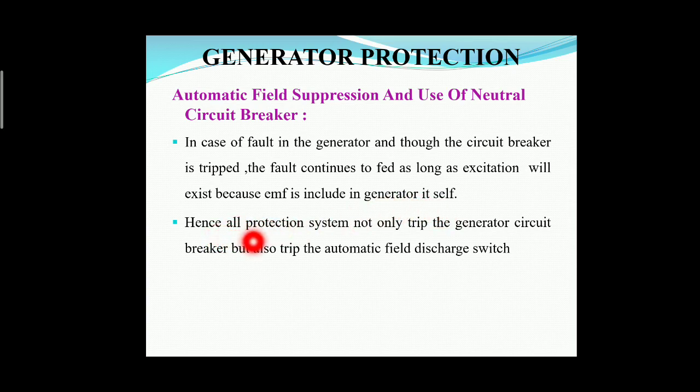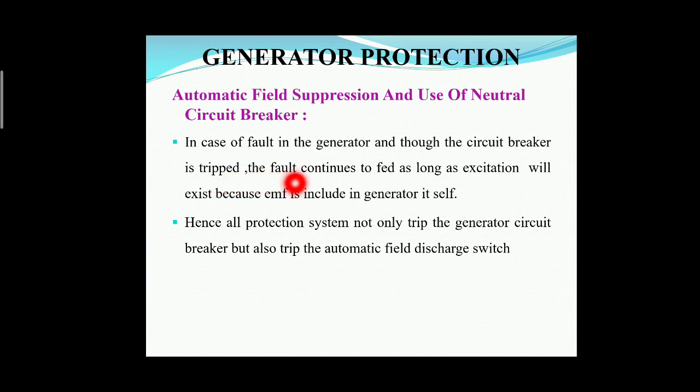Hence, the protective system not only trips the generator circuit breaker but also trips the automatic field discharge switch. That's why we are using the automatic field suppression and the use of a neutral circuit breaker.